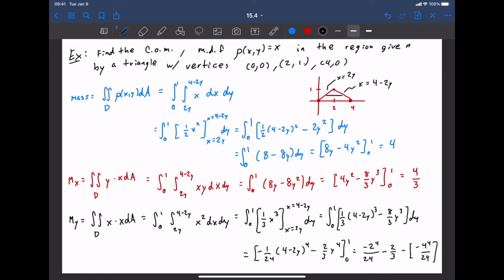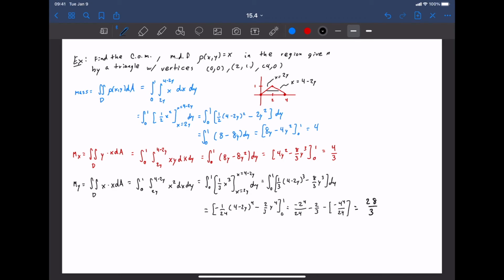I'm going to shrink it and simplify it. Just 28 thirds.